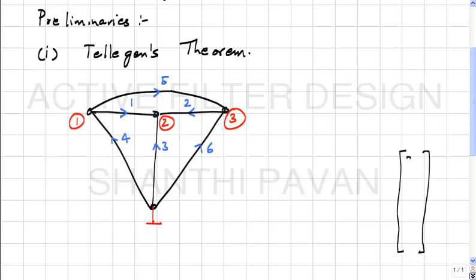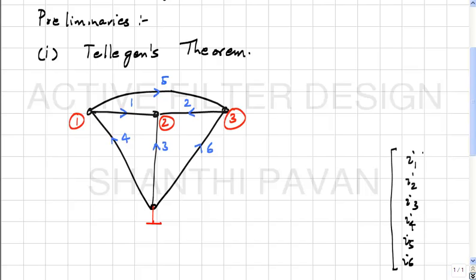There are 6 branch currents, I1, I2, I3, I4, I5 and I6. Let's keep the convention that currents flowing into a node are positive and currents flowing out of a node are negative. So, what is the KCL at node 1 quick?